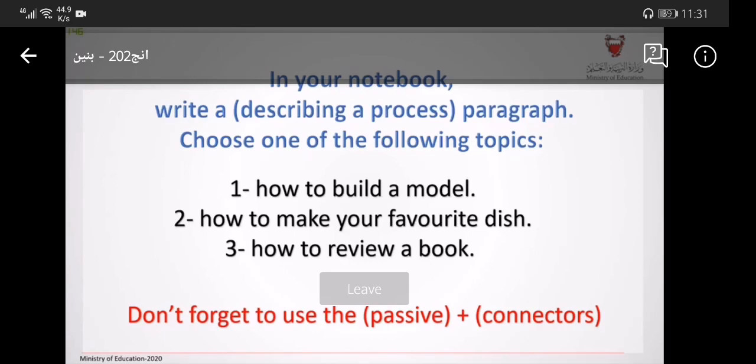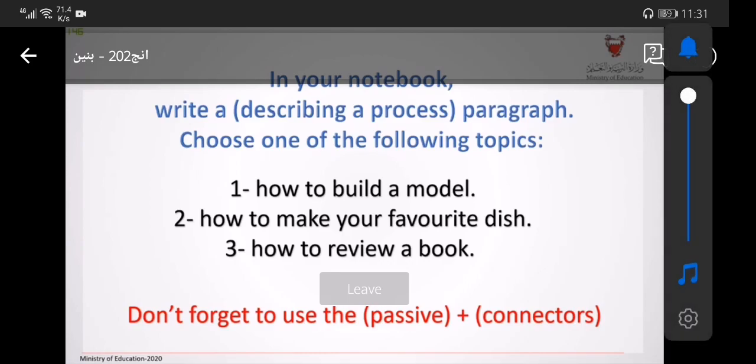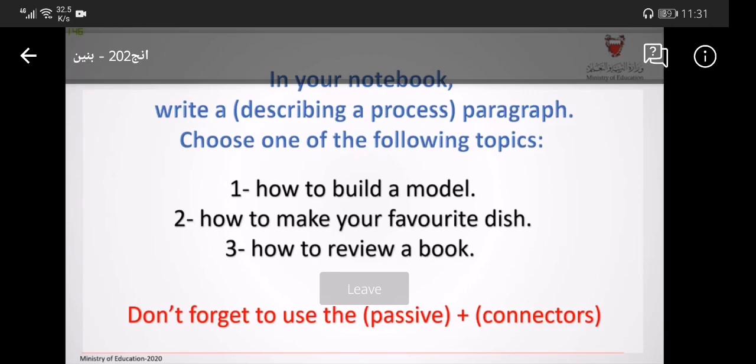If you're having problems with finding the past participle of the main verbs, you can always go online or in your dictionary and try to find the irregular verbs and how to convert them to the past participle. An example of an irregular verb is the verb hit. It's hit, hit, hit, so it doesn't change.